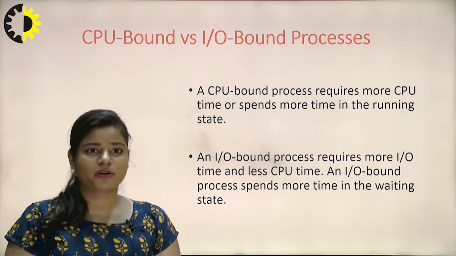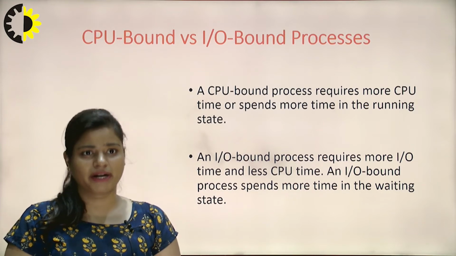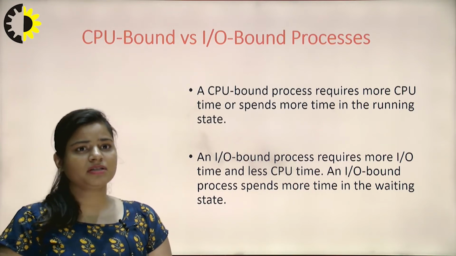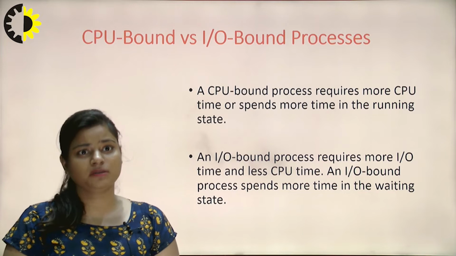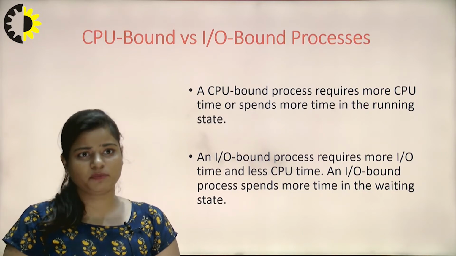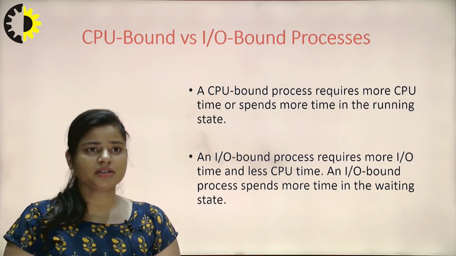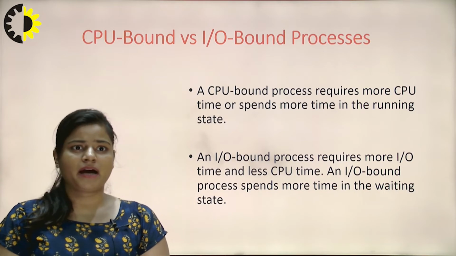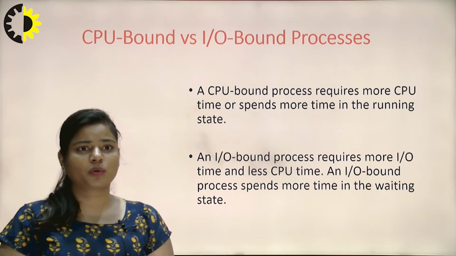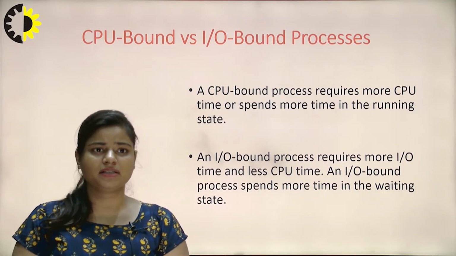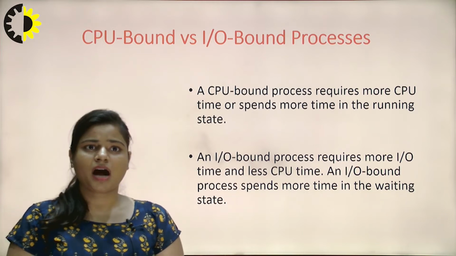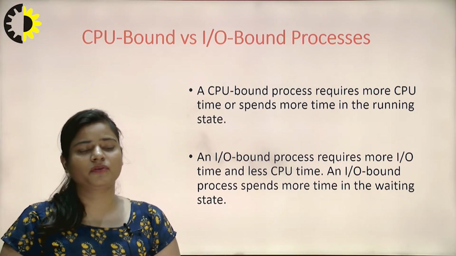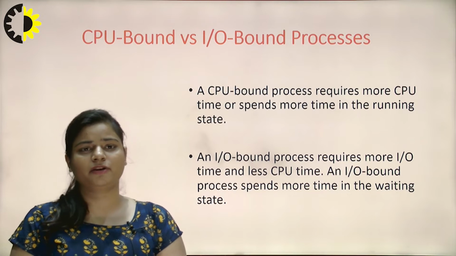An IO bound process spends more time in waiting state. Meaning whenever a process needs more CPU time, it comes under CPU bound process. And whenever the process requires IO devices, then it comes under IO bound processes. So we have learned about all these kinds of processes.